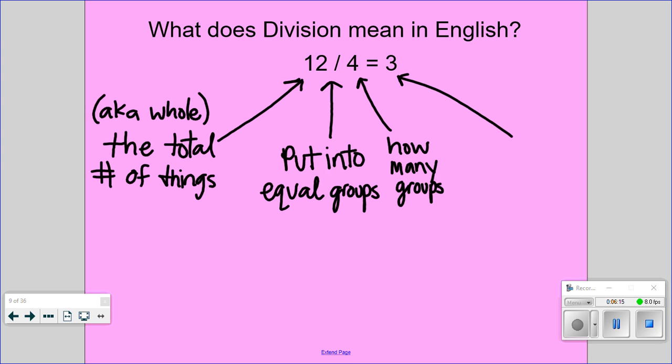In division, it gets a little bit weird. In this problem, if we have 12 things put into 4 groups, my quotient, that's how I say division answer, is telling me how many things in each group, or in one group. That's a little bit different than what I got out of a multiplication equation.